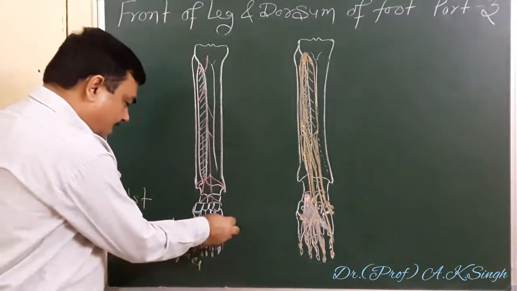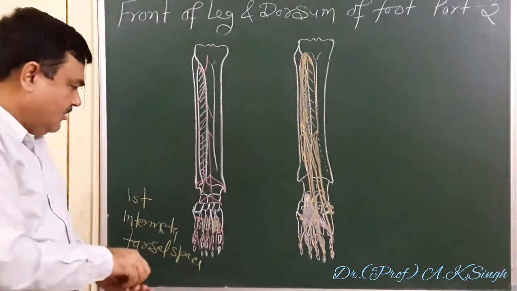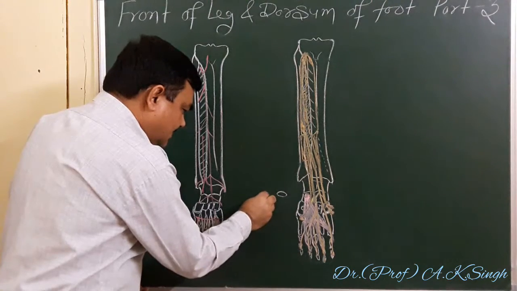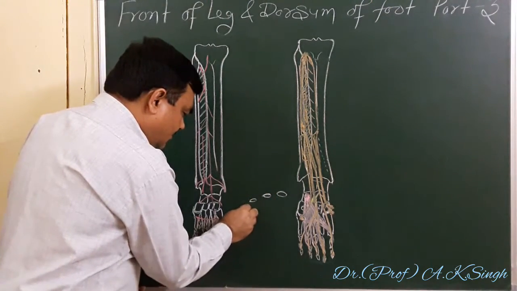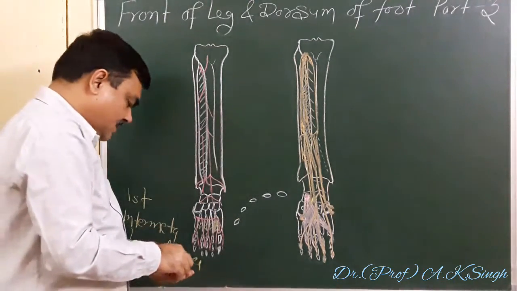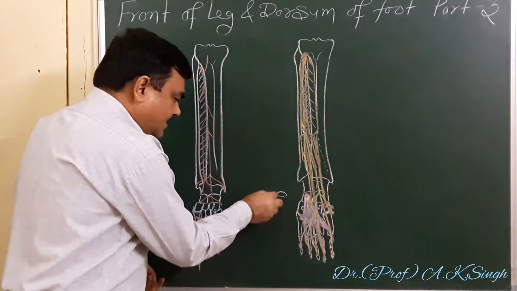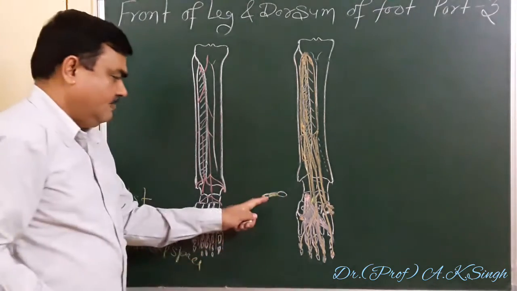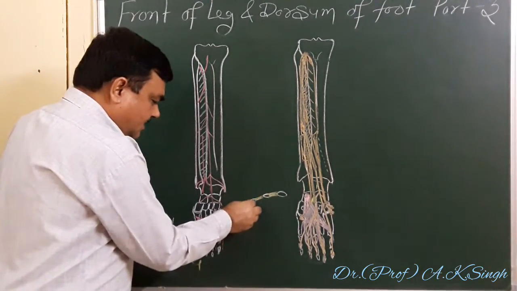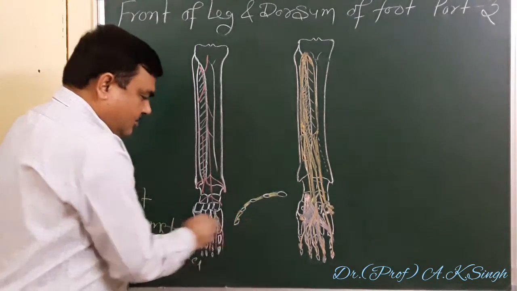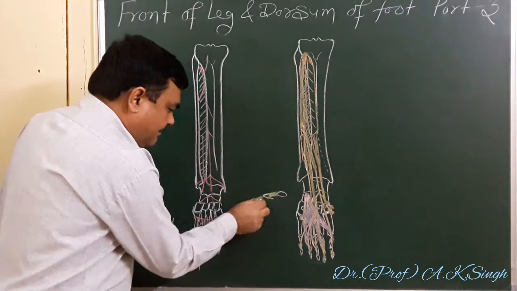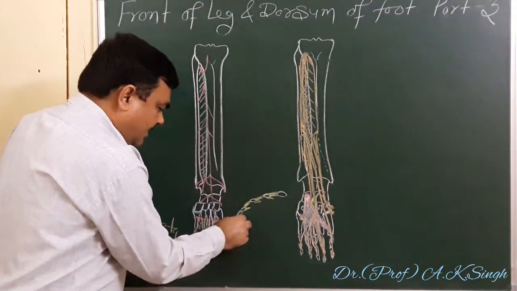If you cut a section at this level, like this, you will find here, this is first metatarsal, second, third, fourth, and fifth metatarsal. Here are numerous muscles. Here is first dorsal interossei, here is second dorsal interossei, third dorsal interossei, fourth dorsal interossei, and here are plantar interossei.